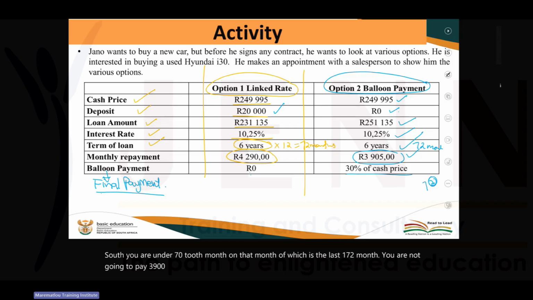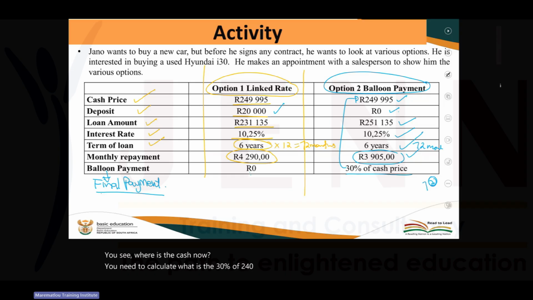You are going to pay 3,905 rand plus 30% of the cash price. You need to calculate what 30% of 249,995 is. This is what you pay additionally, because you have been enjoying paying less. So the balloon payment is 30% in this case. This is what we mean by the balloon payment, the final payment.